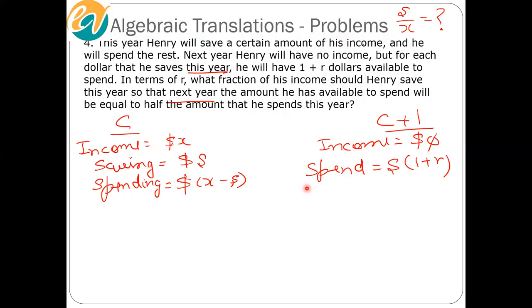Now, I think this should be easy. The question says that whatever he has available to spend should be half the amount that he spends this year.